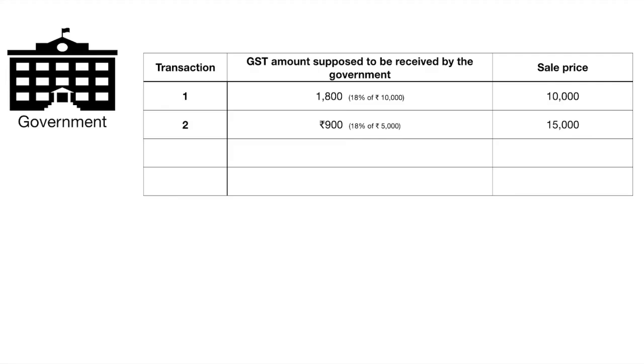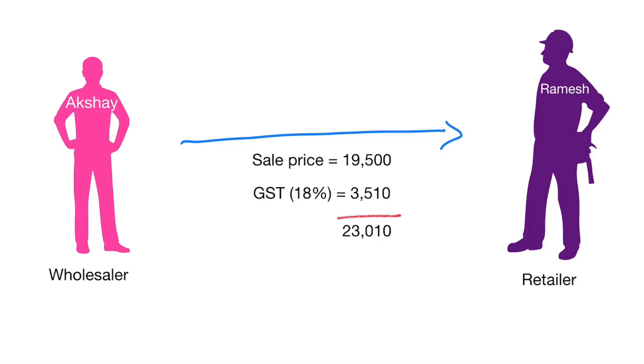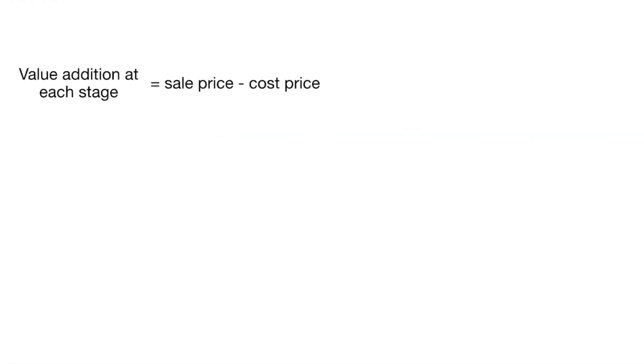Same in transaction 3. Sale price is 19,500, cost price is 15,000. Akshay sells goods to Ramesh and receives the sale price and the amount of GST from him, which is 19,500 and 3,510 GST. Now Akshay has to pay GST to the government. So let us find out the value addition.